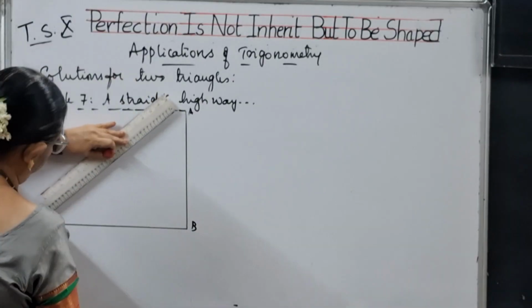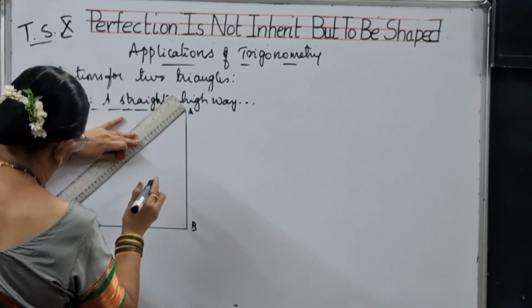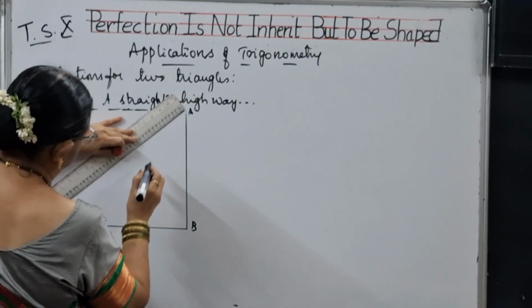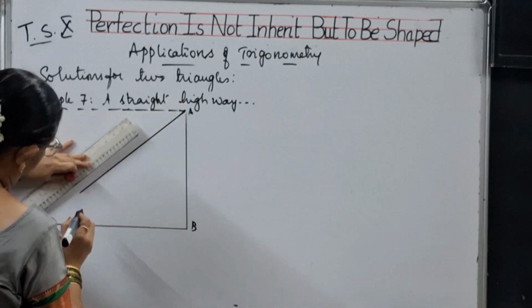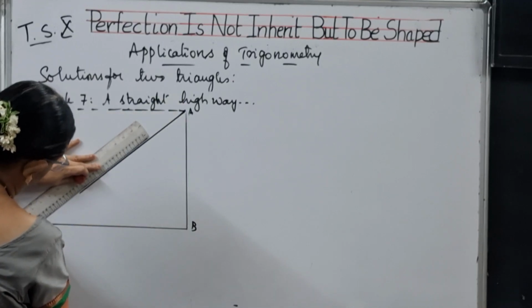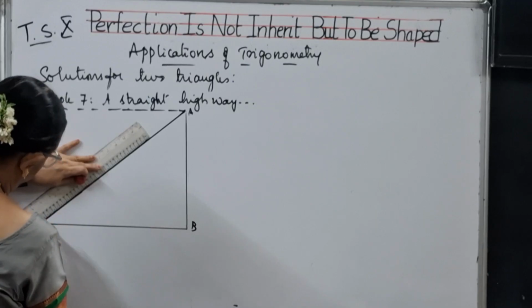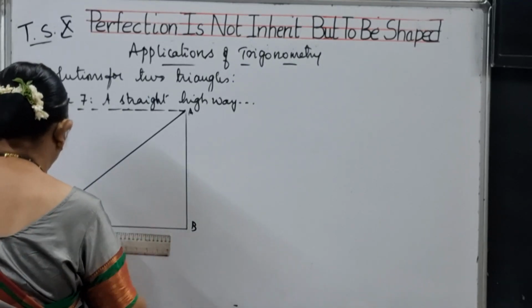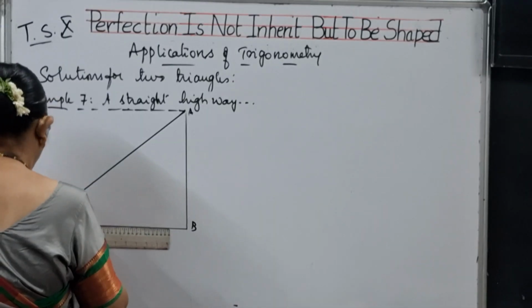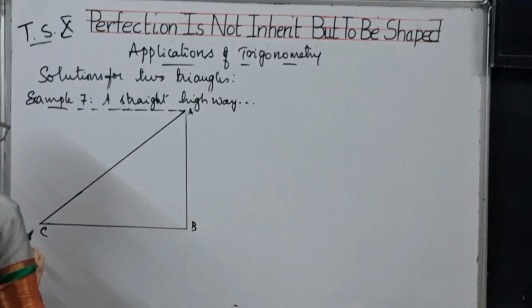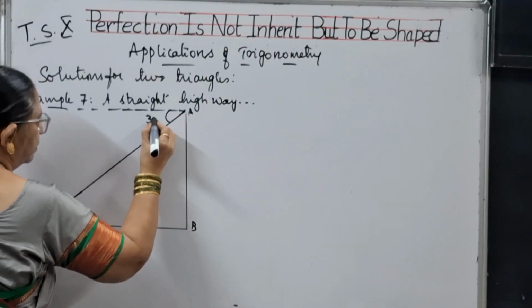So from here, the angle of depression. Okay, let me extend this a little bit more. So from here, the angle of depression is 30 degrees.